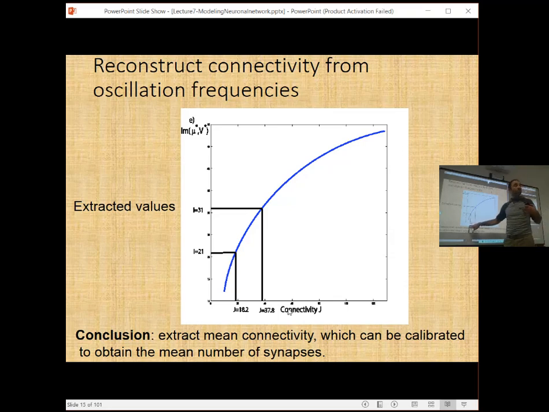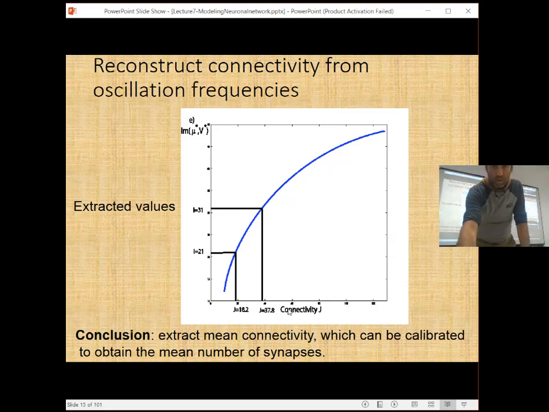Now you can ask, what is the meaning of this number, 1837? So this is another challenge: to calibrate the parameters of the model to the data. This we didn't do, but we said that if there is a change in the value you can extract for this imaginary part, you can infer a change in the level of connectivity.